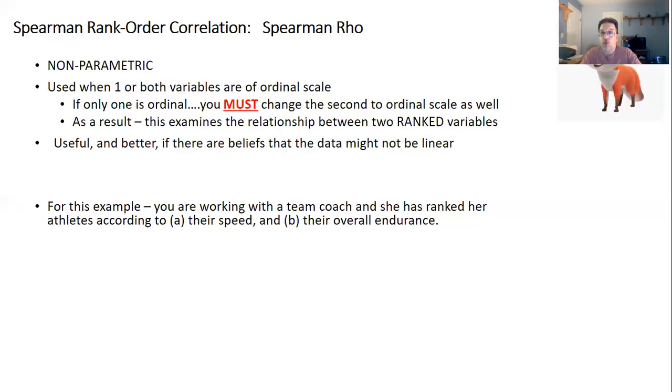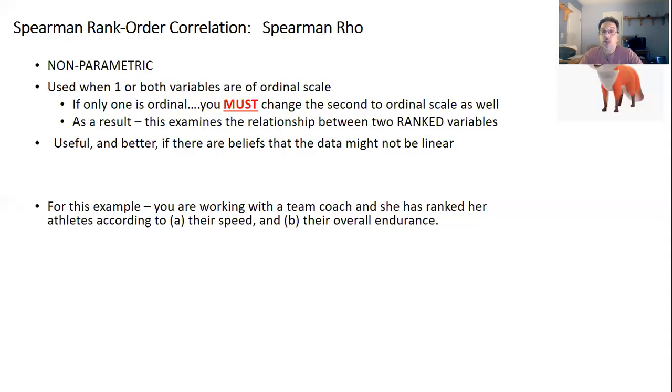And again, we'll go through this with the first example. If both of them are ordinal, you don't have to worry about it. If either one is nominal, you're not using the Spearman rho. If both of them are interval ratio, you're using a Pearson. So at least one column ordinal, the other column has to be at least ordinal. But if it's interval ratio, you have to go through and rank that column, turn it into ranked data.